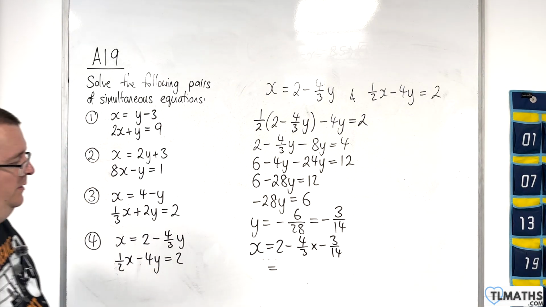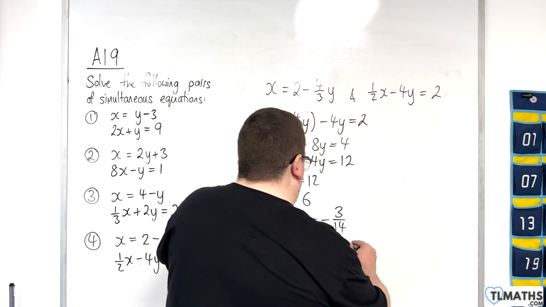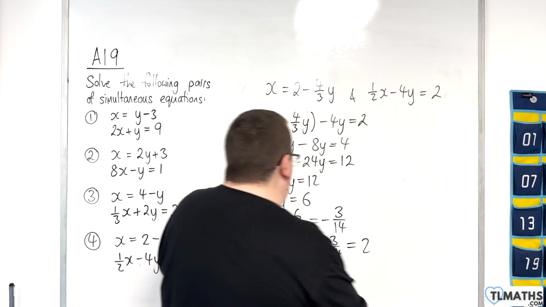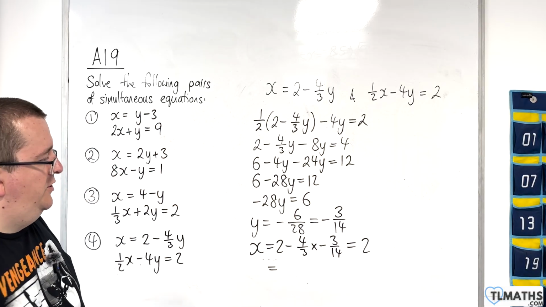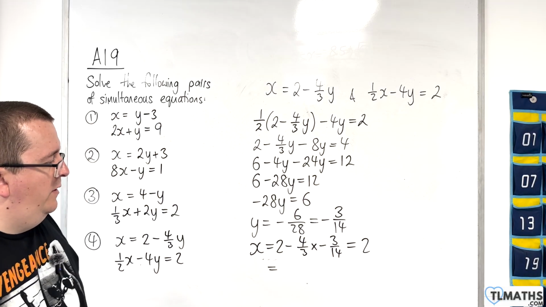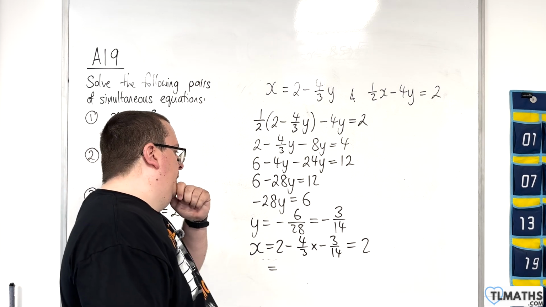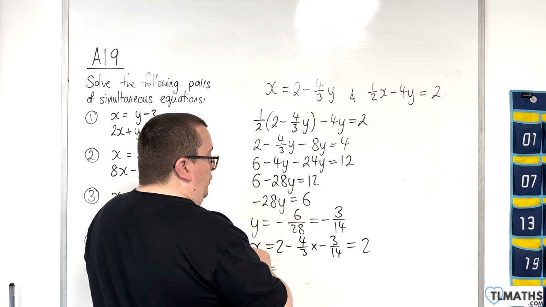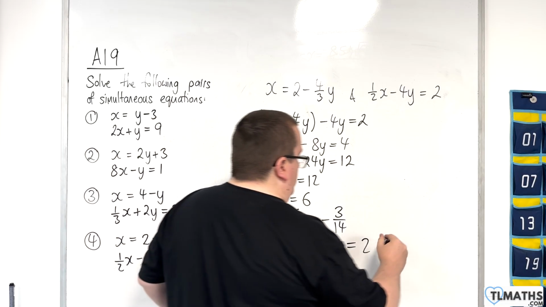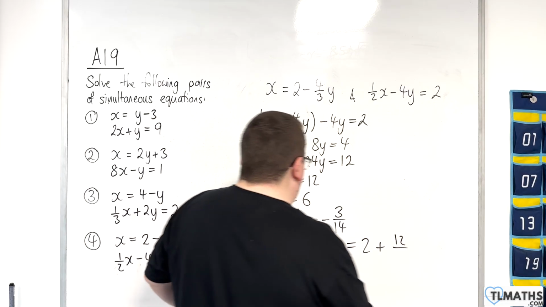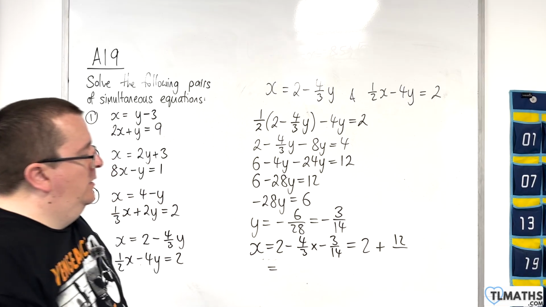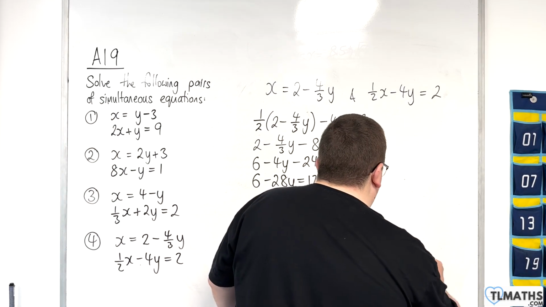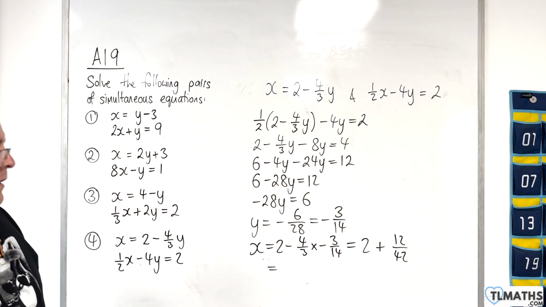Okay. So let's write it here actually. So what have we got? We've got 2. Now you could do a bit of simplification with these two. I'm just going to multiply them through like I did in the previous video. So minus 4/3 times minus 3/14. 4 times 3 is 12. 3 times 14 is 42. Okay.